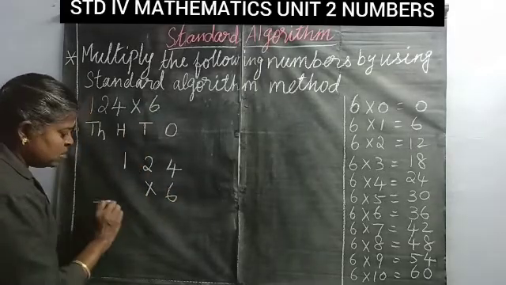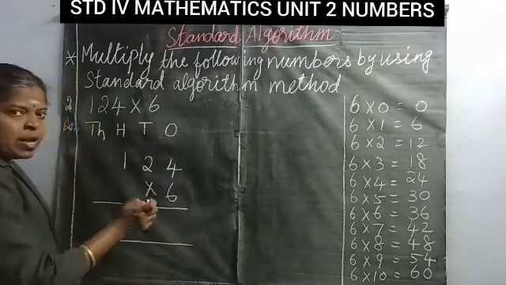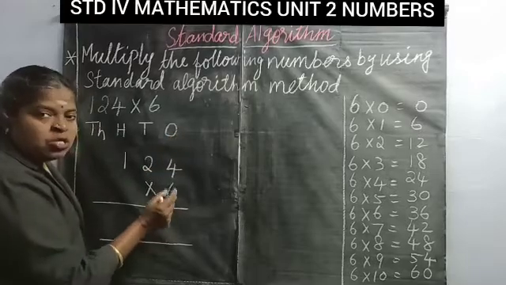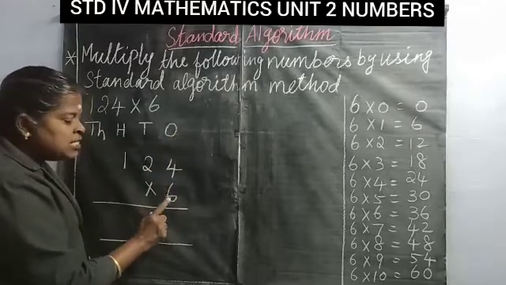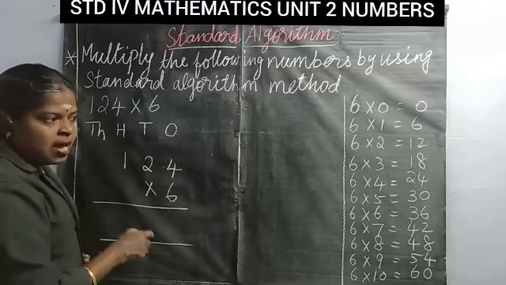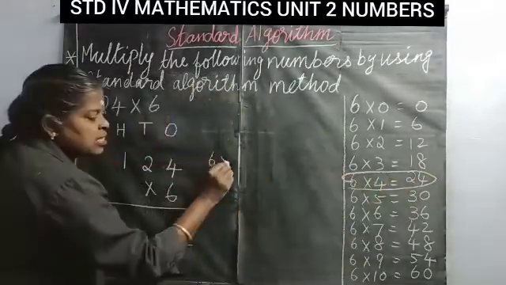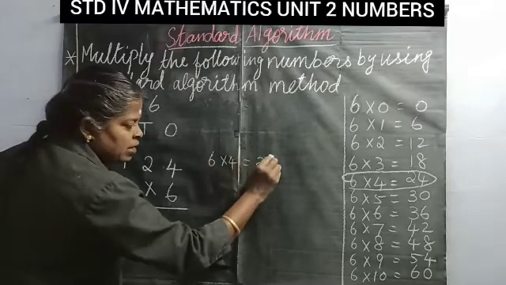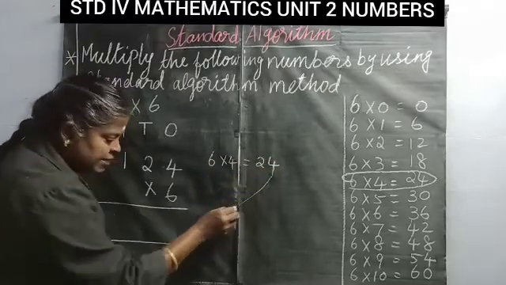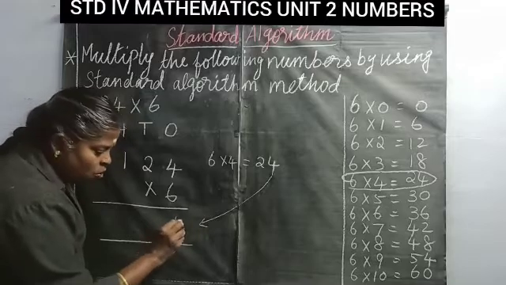First we start from ones place onwards. So first we multiply 6 fours are 24. 4 we write in ones place down.